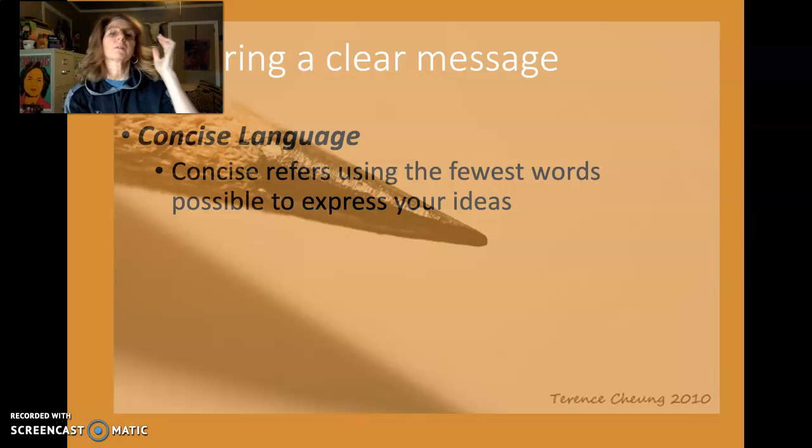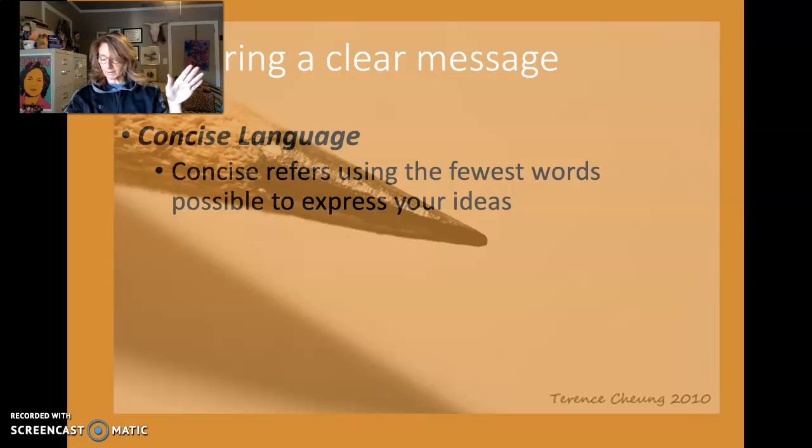So before we move on to the next piece, I want to reiterate what we just talked about. In terms of delivering a clear message, we talked about being concise. We talked about the proper use of words, so clear pronunciation, knowing what you're saying, making the word match what you're talking about. We talked about word choice, avoid using jargon, right? Be concrete.